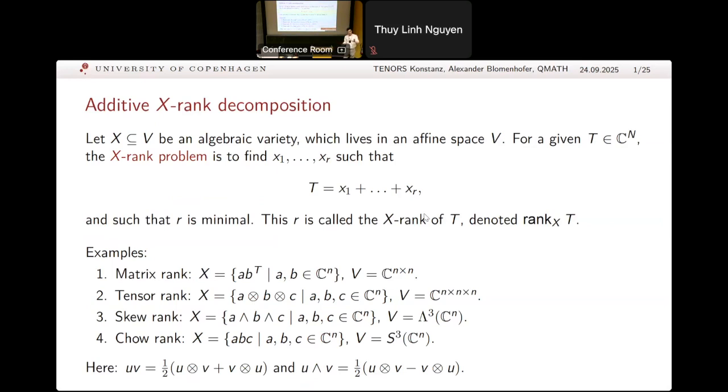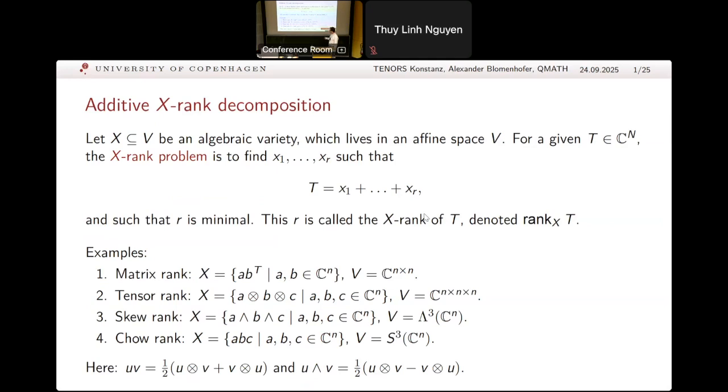So you can anti-symmetrize it, and then you get a decomposition in terms of these wedge products. And what does this wedge mean? It basically means we take the tensor symbol, this U tensor V, and then we anti-symmetrize it. And then of course for three factors it is a sum over 6 different permutations. So this of course only makes sense for antisymmetric tensors, but it's a natural thing to look at: we don't look at what is the rank of a skew-symmetric tensor, but we look at how many wedges we need to express it.